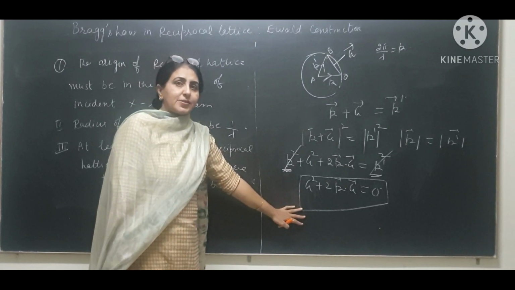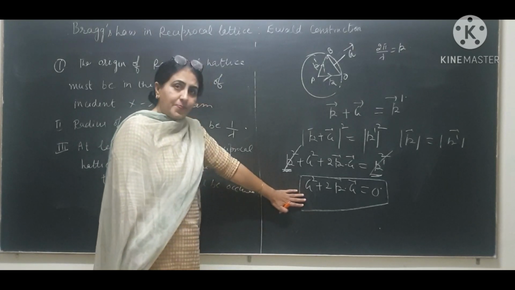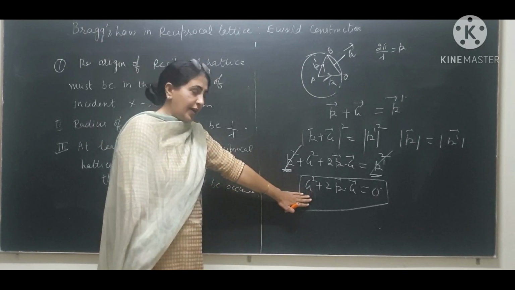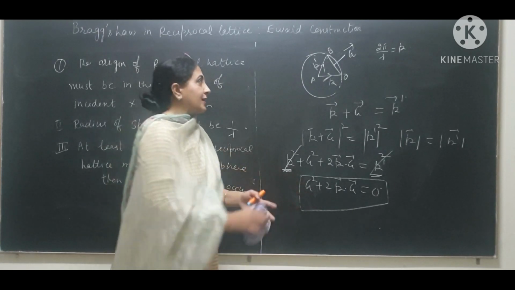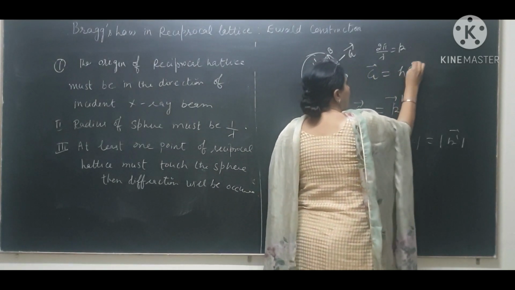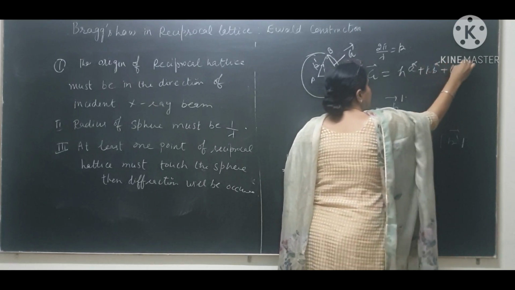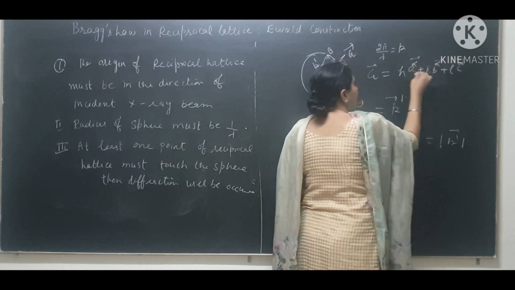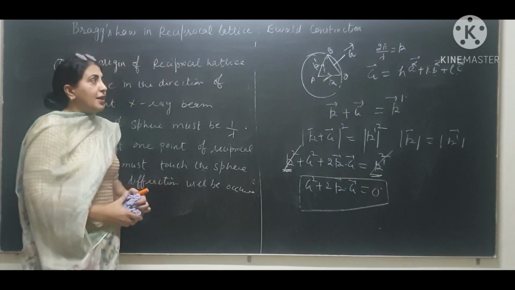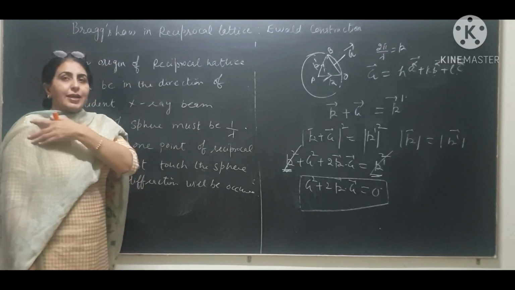In the direct lattice, we write 2d sinθ = nλ. In the reciprocal lattice, we write it in vector form this way, where G is the reciprocal lattice vector, G = hA* + kB* + lC*, and A*, B*, C* are the primitive translational vectors in the reciprocal lattice.